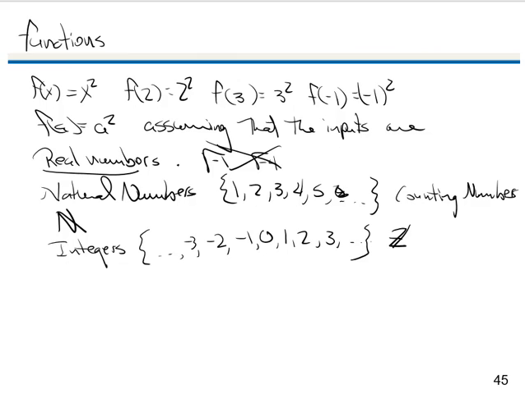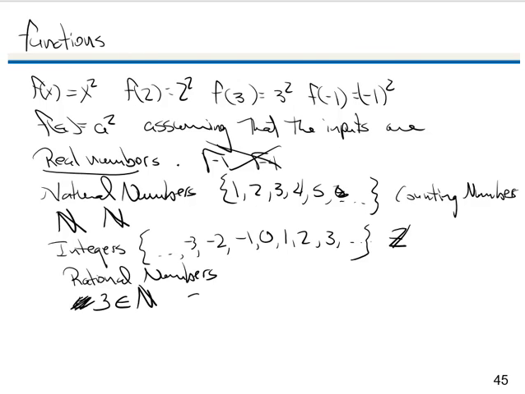And then we also have the rational numbers. But first, one more piece of notation, going back to the natural numbers. We use this symbol to mean "is an element of." So we would say 3 is an element of the natural numbers.